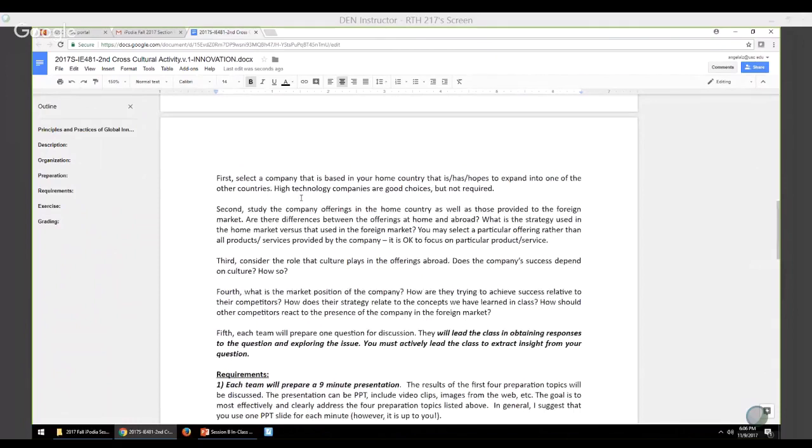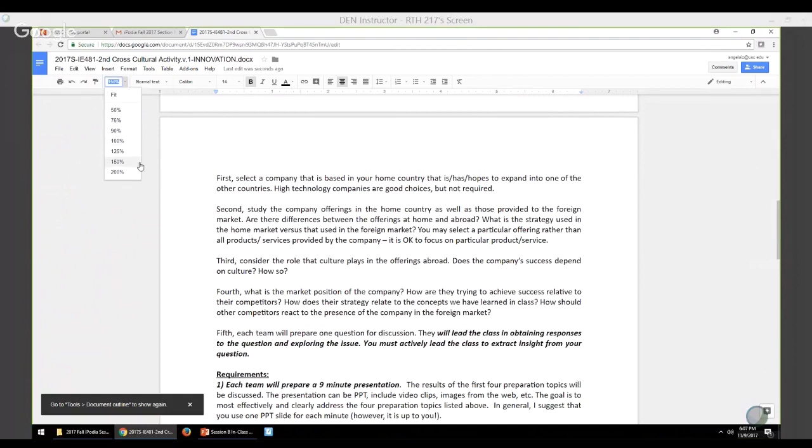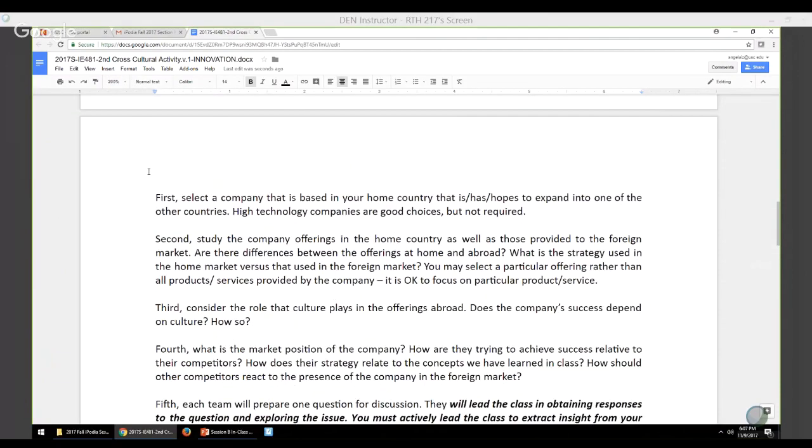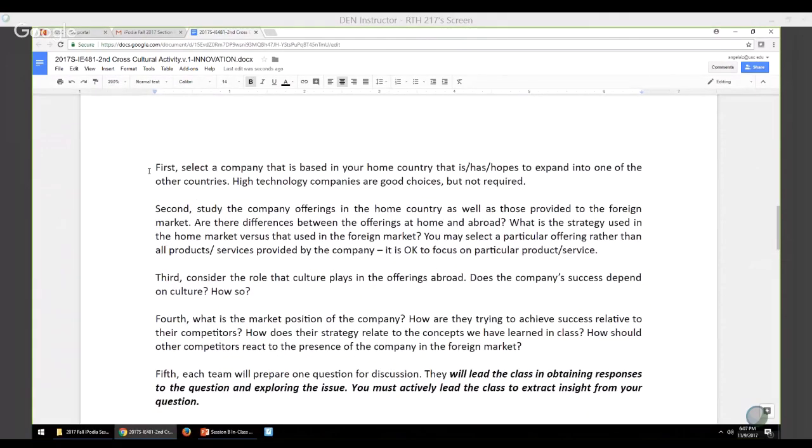So first, you're going to select a company based in your country that is trying to or has expanded into another country. The country assignment is given on the sheet. For example, one team from China will pick a product that a Chinese company is expanding into America. Then you're going to study the products and think about the strategy they're using and how it's different in the foreign market as opposed to the home market.